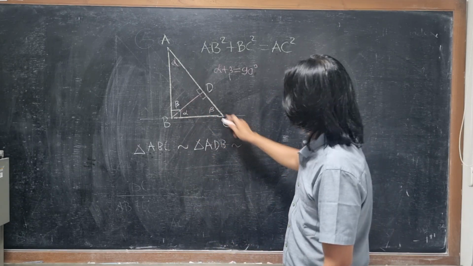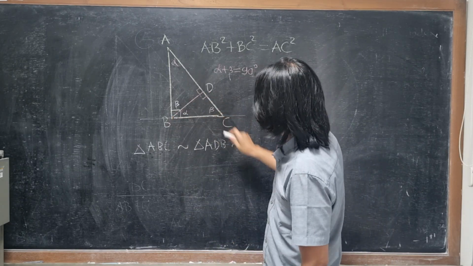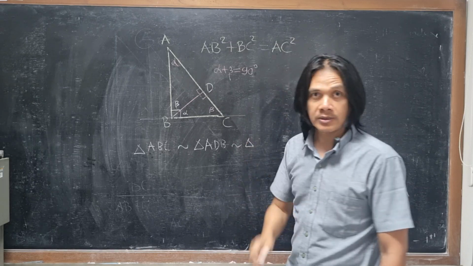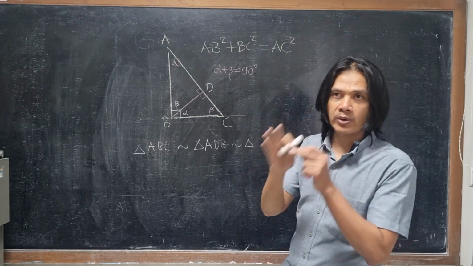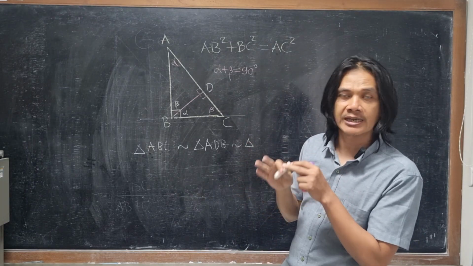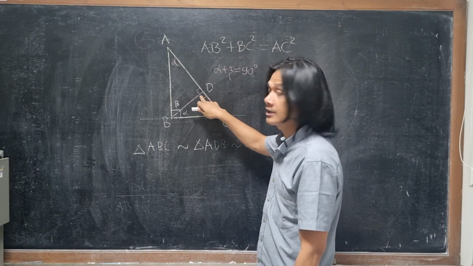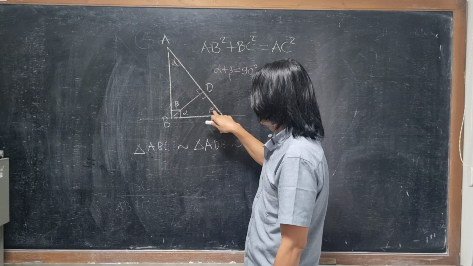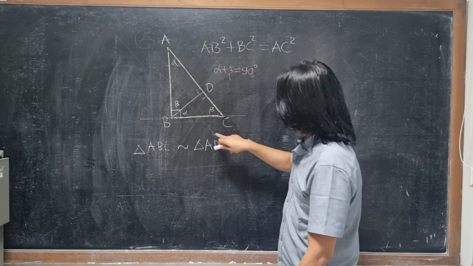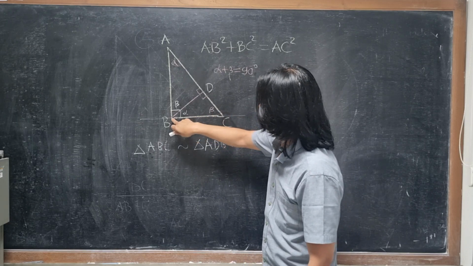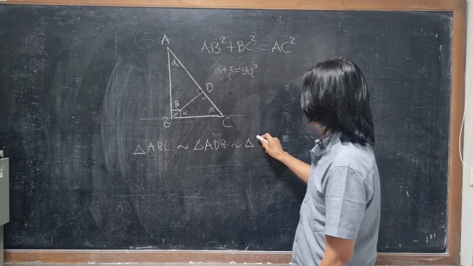And also we have the smaller one, this one. Again, we need to make sure we write all the vertices in the right order. So the angle alpha first, and then the 90-degree angle, and then the beta angle. So the order of the vertices will be BDC.